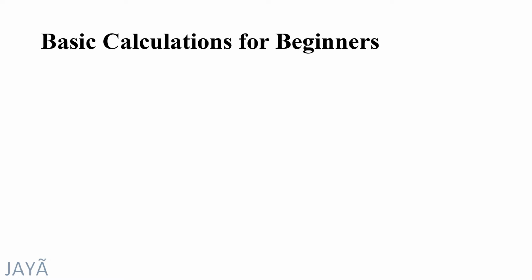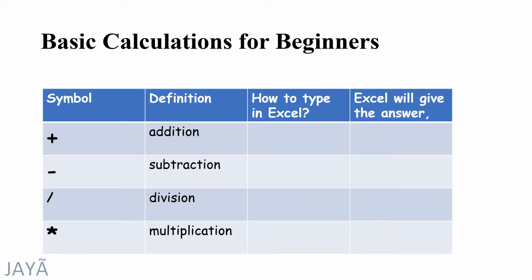Now I'm going to show you how Excel does its calculations. Here you see the 4 types of calculation we discussed with their symbols. Now let's see how we can do addition in Excel. Let's say we are going to add 1 with 1. Then we have to go to a cell in our worksheet and type this.